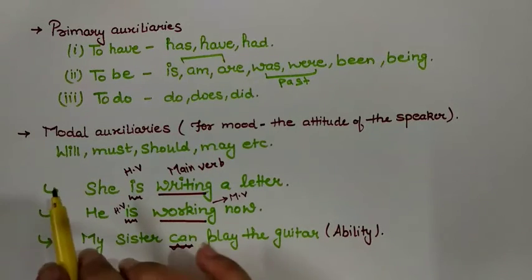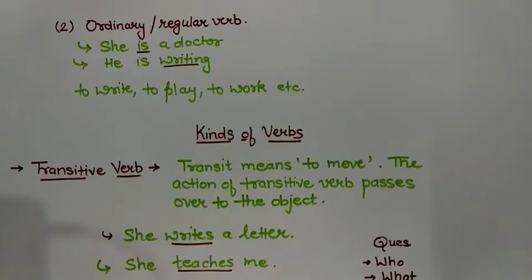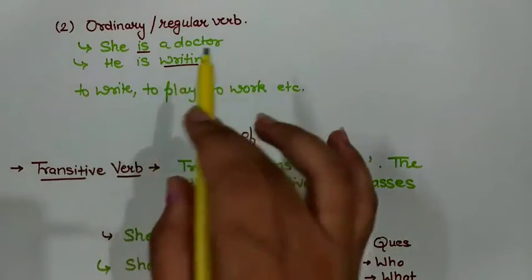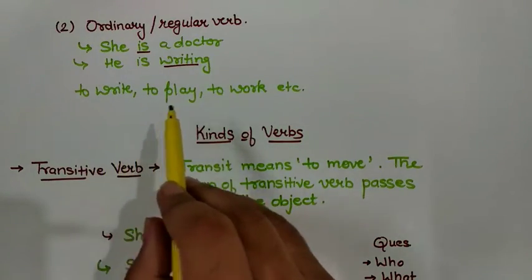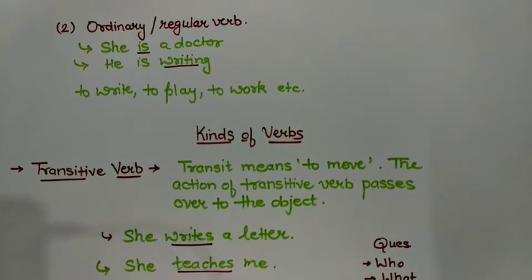Modal auxiliaries do not possess an ing form. Ordinary verbs are ordinary actions like she is a doctor or he is writing. So the words like to write, to play, to work, etc. are called ordinary verbs.